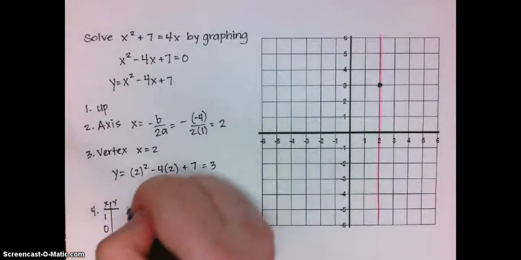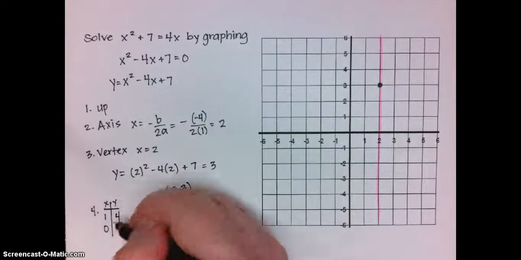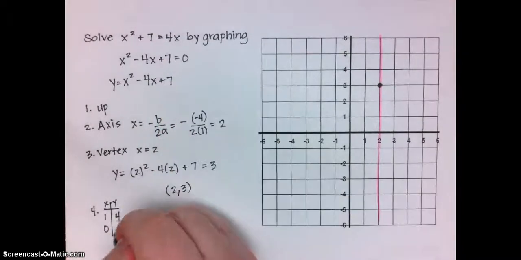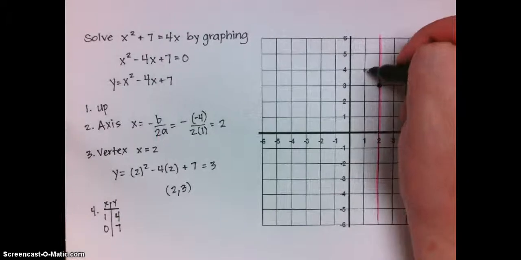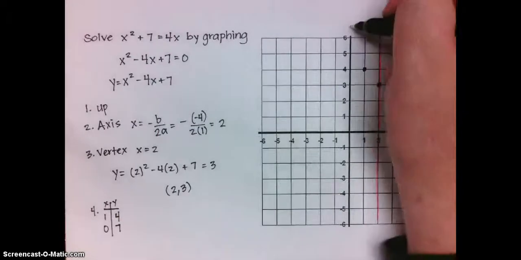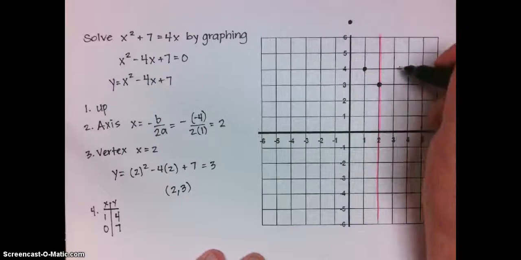When I plug in 1 into my function, I'm going to get the y is equal to 4. When I plug in 0, the y is going to equal 7. So let's plot those points. 1 up 4 and 0 up 7. Then I'm going to reflect these points around the axis of symmetry.